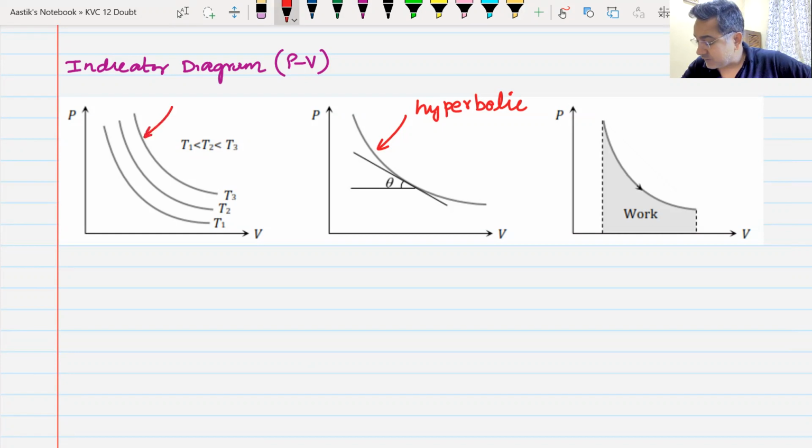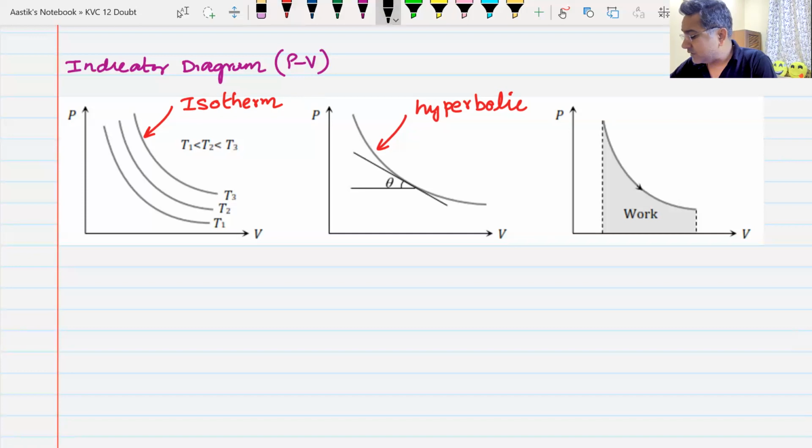This graph that we have drawn is known as an isotherm. Why is it known as an isotherm? Because it is drawn at a constant temperature. The area under this graph, because it is a PV graph, is going to definitely give us the work done.